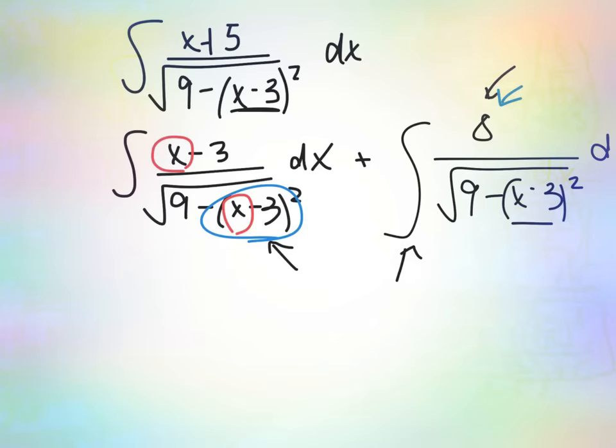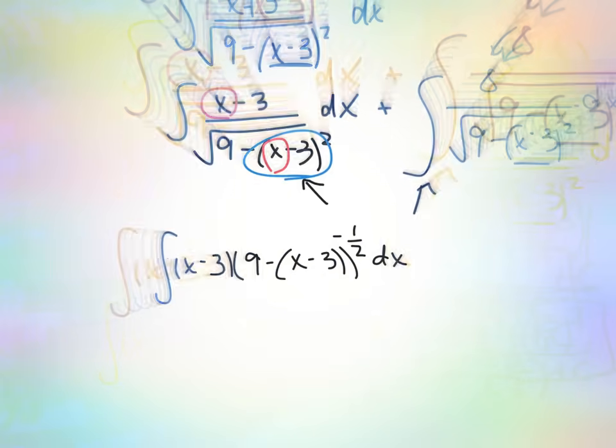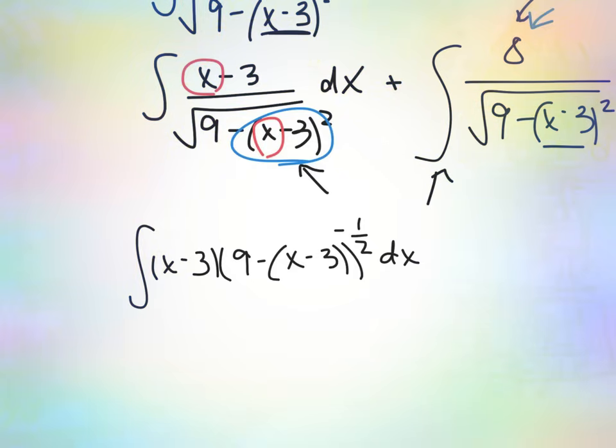So it might help this one over here if you were to write it like x minus 3 times the quantity of 9 minus x minus 3 squared to the negative 1/2 dx. Because in that case, all you have to do is up the power. For integral, you go up. So 9 minus x minus 3, sorry, this should be squared, squared to the 1/2 power.